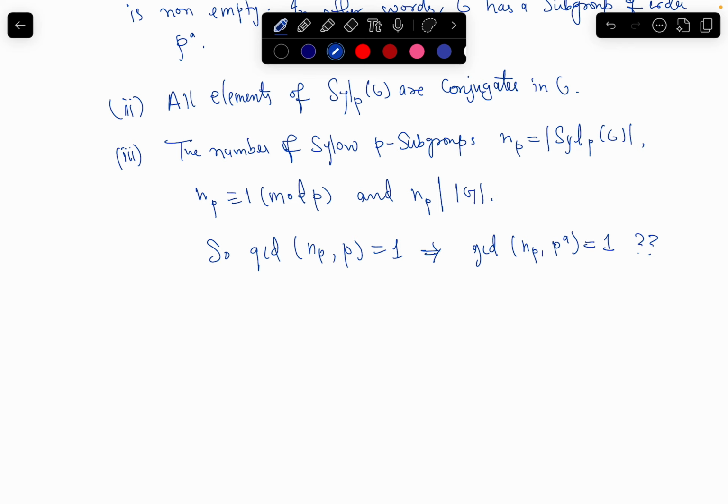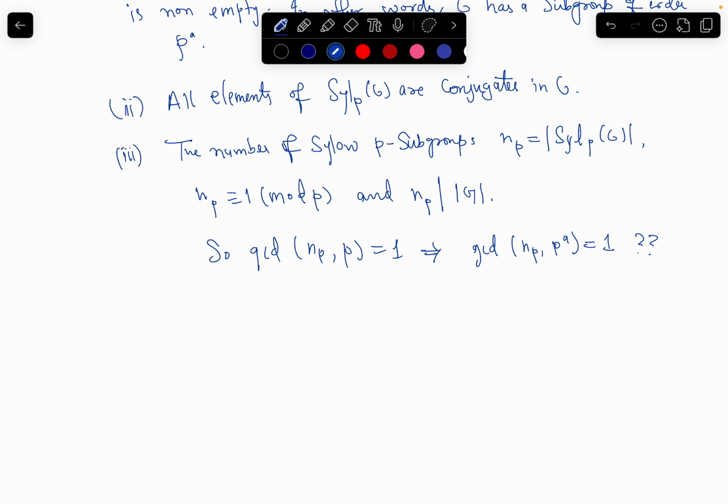So if this is not 1, then there exist x and y such that x times n_p plus y times p power a is some d. So d has a prime factorization, and we can approach in this direction, but it looks like we are not going to get anywhere near what we wanted.